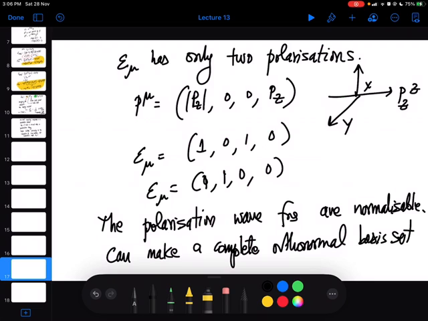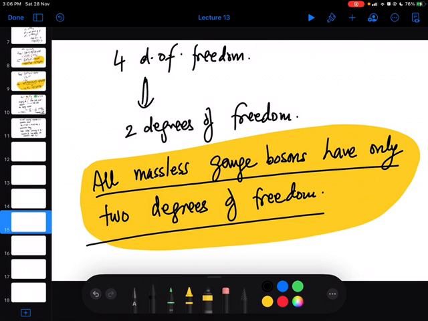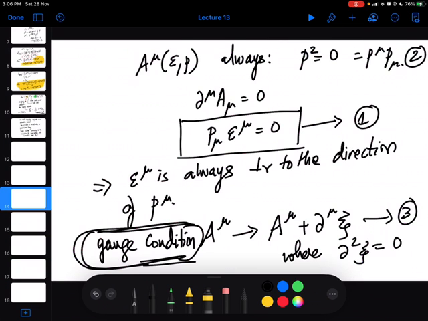But it has 4 degrees of freedom, and because this is a massless field, you can always choose some sort of a gauge in which one of the degrees of freedom can be completely rotated away, and this is possible only for massless degrees of freedom.